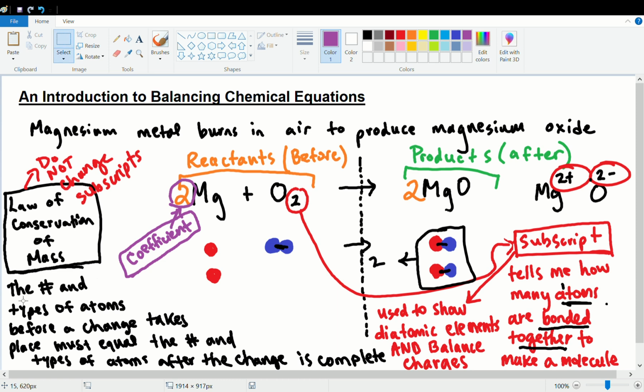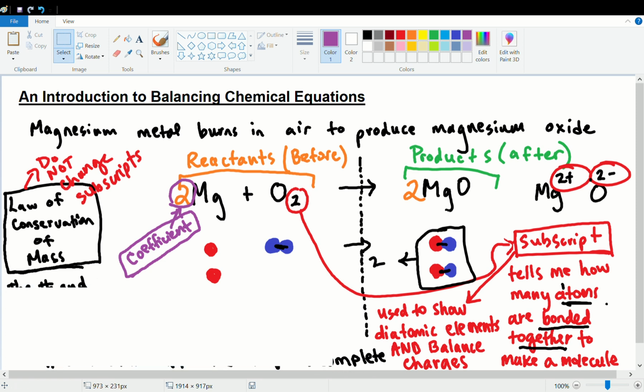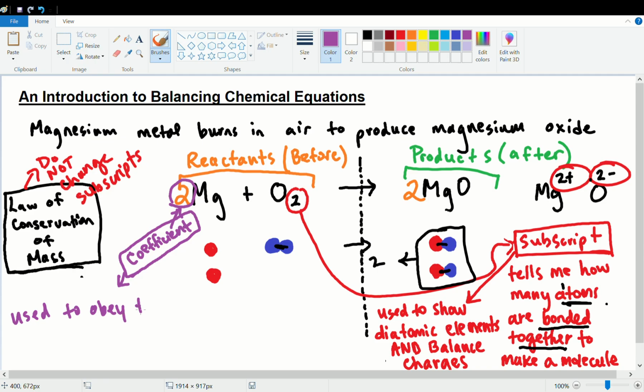Let me get myself a little bit more space here so I have more space to write. Okay, so the coefficient, we use the coefficient to obey the law of conservation of mass.